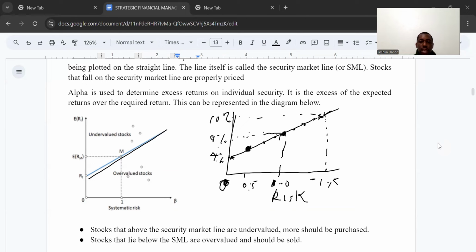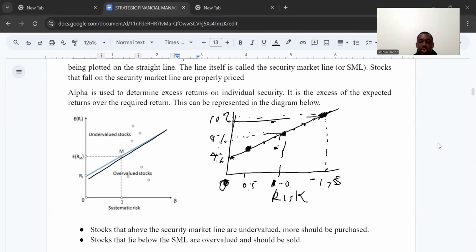So if I drag this line here and bring it here, it means that the return should be 8%. At 1.5 risk also, if I drag the security market line here, the return should be 10%. But if the security is not properly priced, the return on the security may either fall below the security market line or above it.